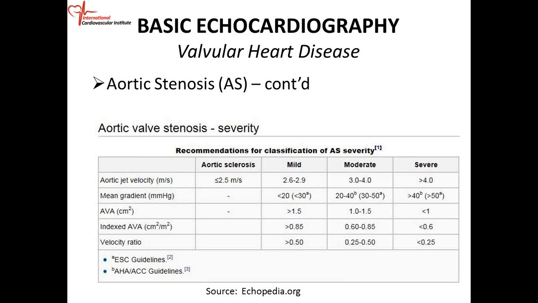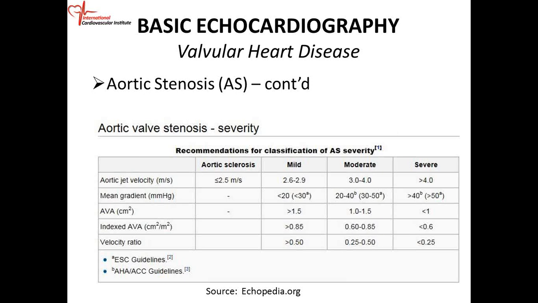We use the maximum velocity across the valve, if it's greater than 4 meters per second, but we use the mean gradient because studies have shown that it's the mean gradient which better correlates with severity. So it's the maximum, it's the peak, yes. But the mean gradient greater than 40 millimeters mercury.